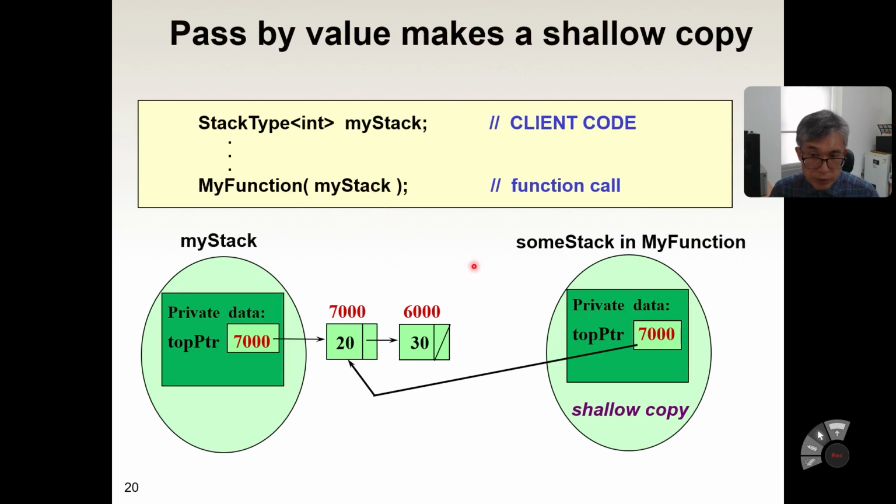The stack in my function is copied, so this top pointer is created, but the stack items linked list is not copied, because this is a shallow copy. They share this one.